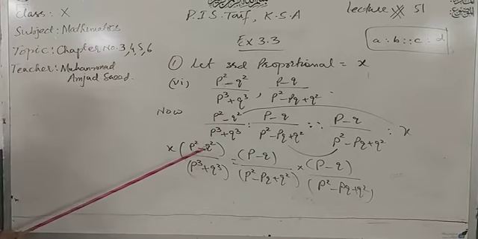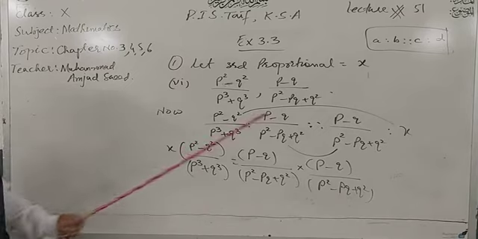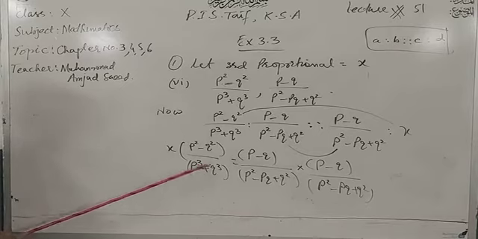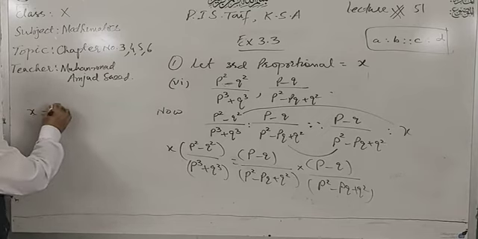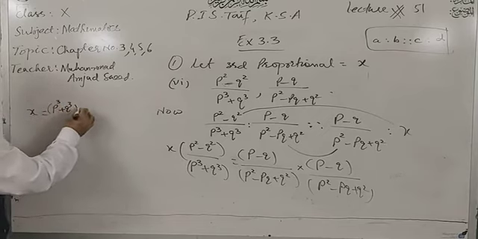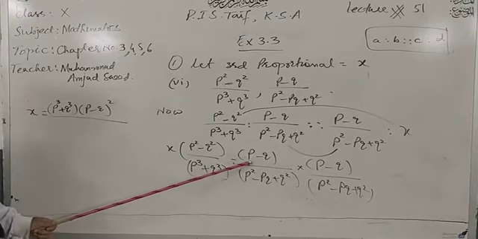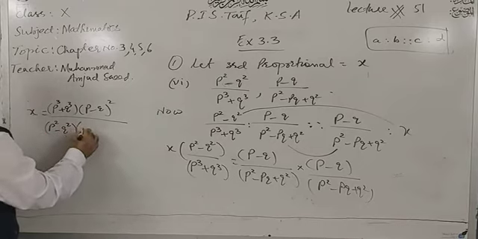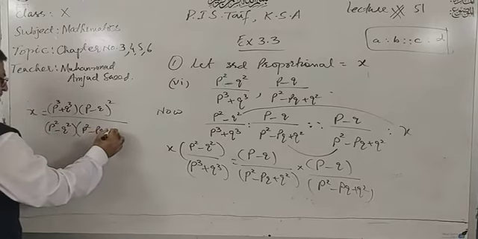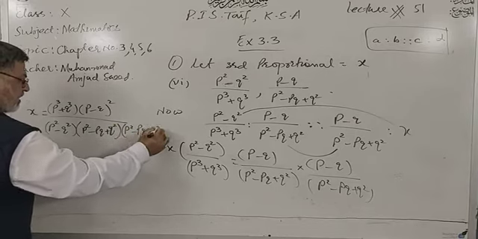Definitely p square minus q square is multiplied here, so it will be divided on the x side, and similarly pq plus qq will be multiplied on the right hand side. So we will have x is equal to pq plus qq into p minus q whole square over p square minus q square into p square minus pq plus q square whole square.